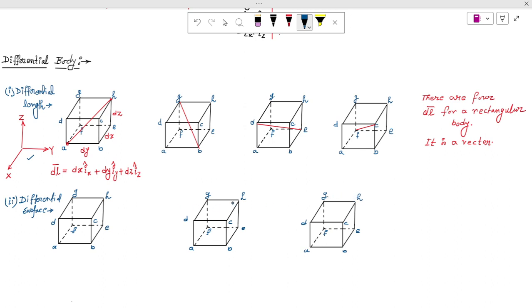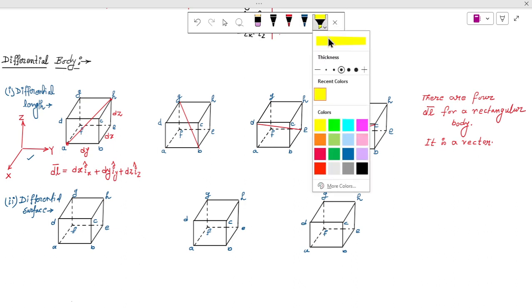Three pictures means three differential surfaces. Look here, for a differential body or rectangular body, you have seen there will be six planes, and you know they are in pairs. Suppose I mention them by color, using different colors, very beautiful colors you need to take to explain.